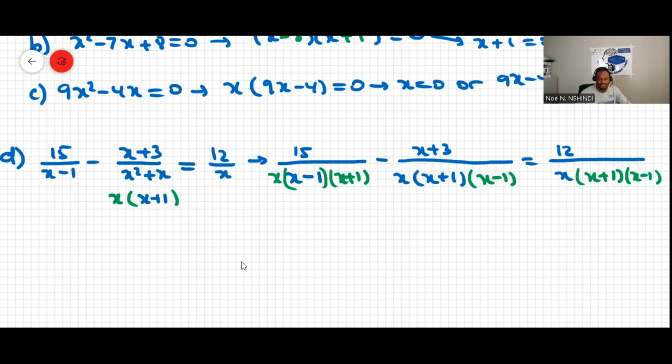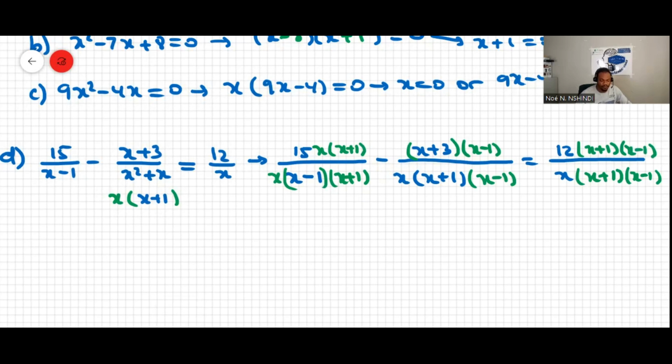If I multiply the denominator by x and x plus 1, I must do the same on the numerator to maintain the fraction. Over here I multiply by x minus 1, and there also by x plus 1 and x minus 1, to maintain the fraction.